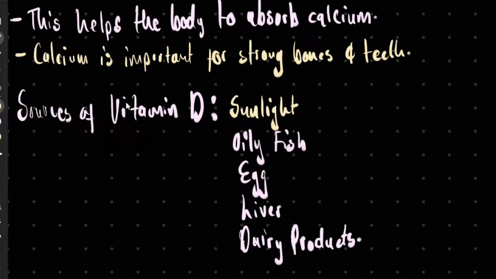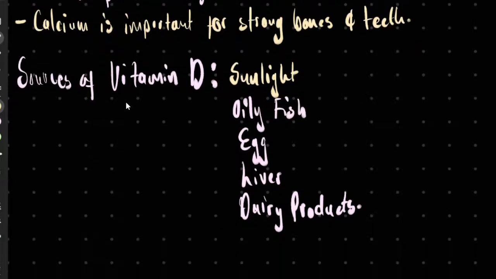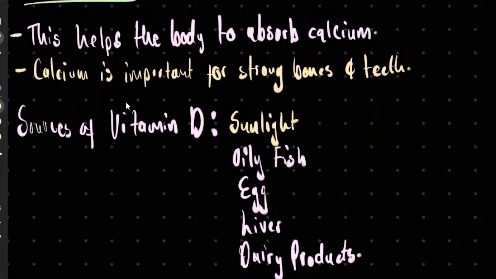Here we are dealing with vitamin D. Vitamin D, you need sunlight. It's needed for your body to be able to absorb calcium. It's needed for strong bones and it's needed for strong teeth. Where do I get it? Sunlight. Oily fish. Eggs. Liver.